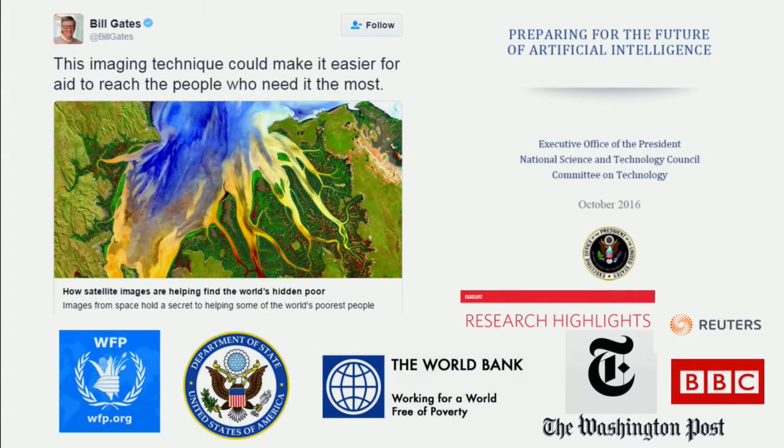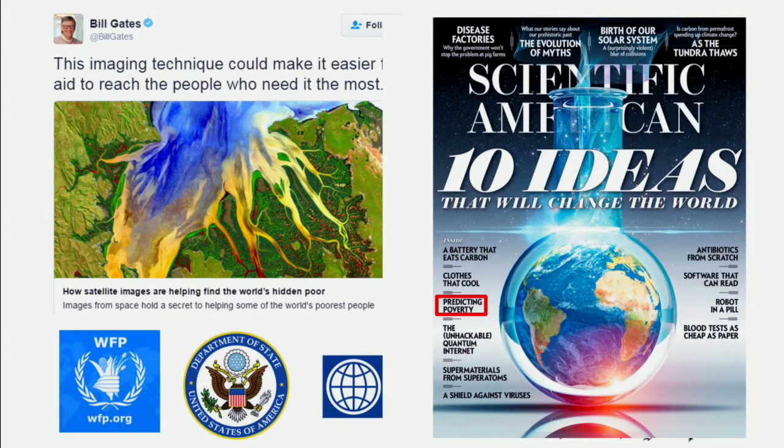So yeah, we got a lot of interest on this work from people like Bill Gates that was tweeting about this, to a number of organizations like World Bank, World Food Program, Department of State, and so forth. It was mentioned by the White House on the report on the future of AI. And we were also humbled to be selected by Scientific American as being one of the 10 world-changing ideas of 2016.